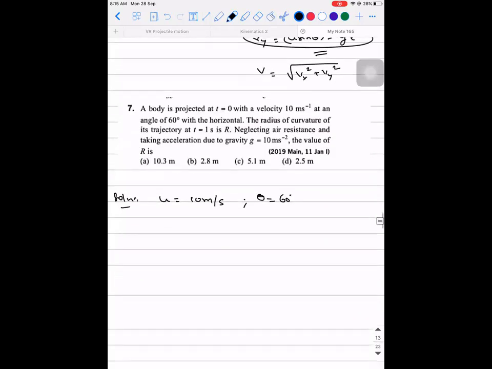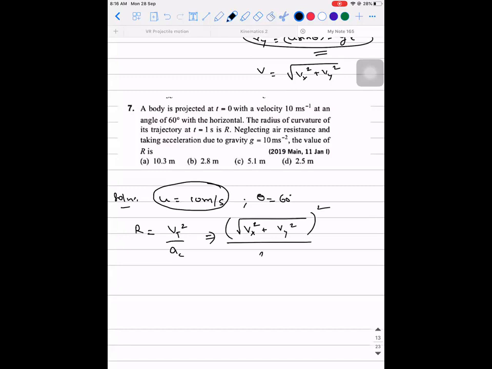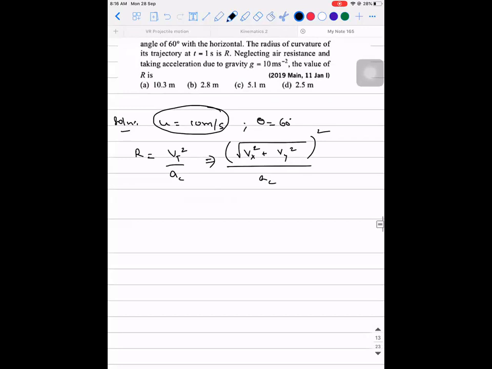So what is the formula? R is equal to Vt square divided by ac. So what is the velocity of the particle at t equal to 1 second? It is root of Vx square plus Vy square.